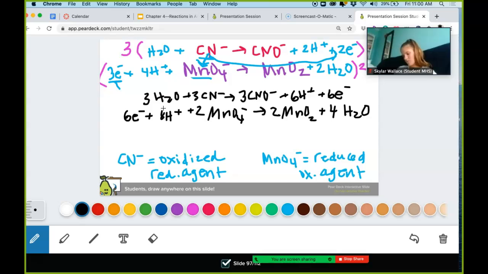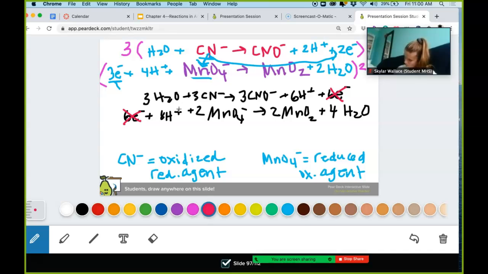Okay, now, just like in any other problem, after we have all this out, we're going to cancel out things and subtract things that are similar on both sides. So I have 6 electrons on the left and 6 electrons on the right. So my 6 electrons go bye-bye. Now, I do have waters and hydrogen ions in common.